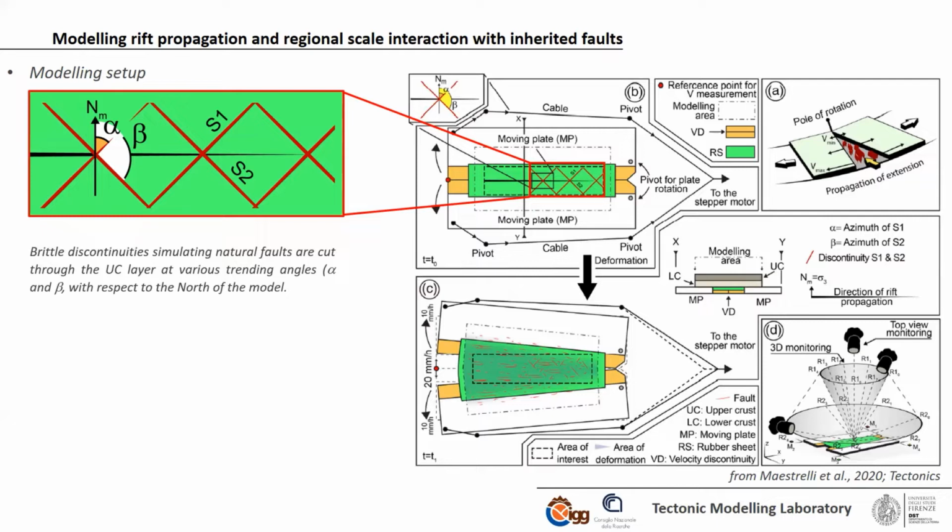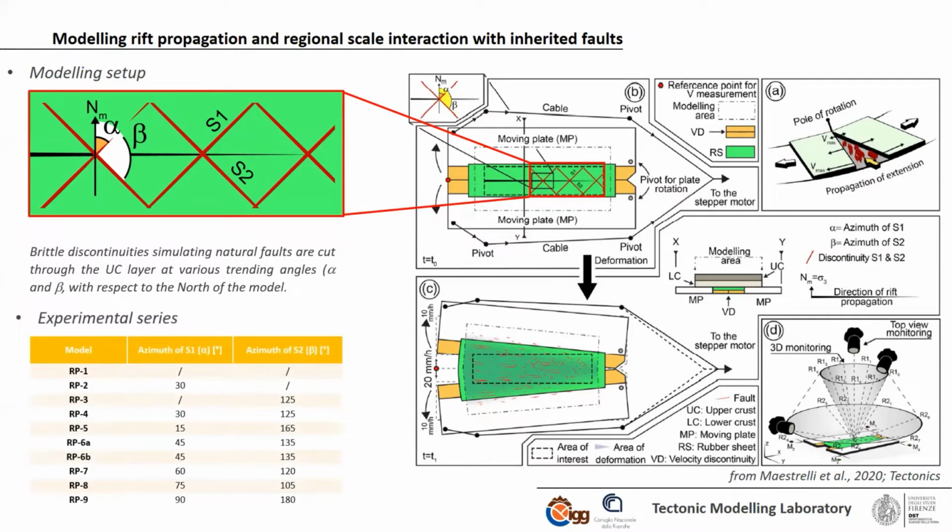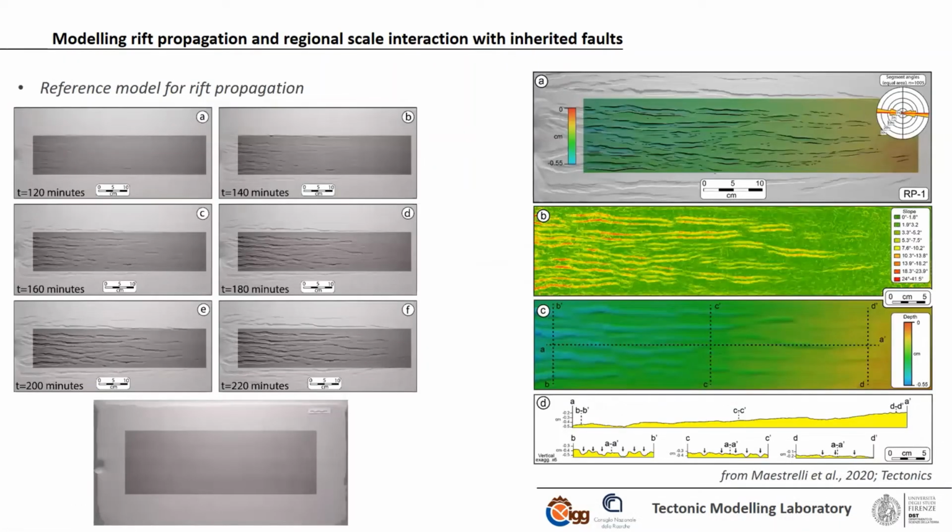We investigated the orientation that we specifically see in the Trans-Mexican Volcanic Belt, but we also applied a parametrical approach in order to test more trends for these inherited structures and to obtain more general insights. So in this slide, you can see the reference model.